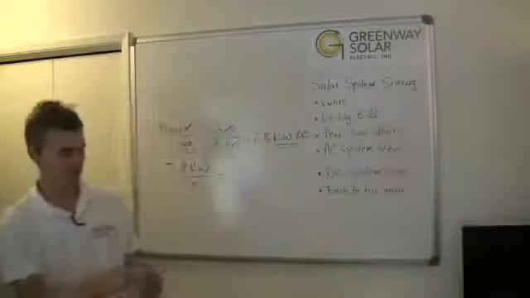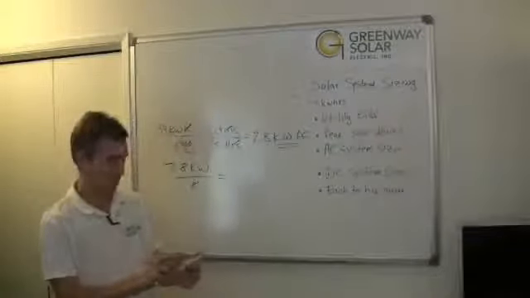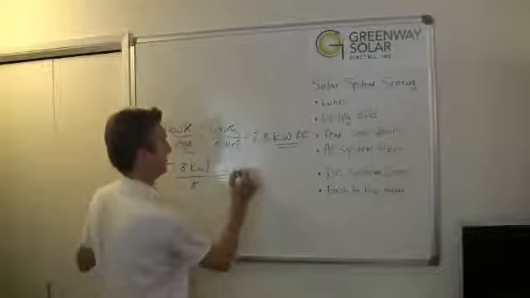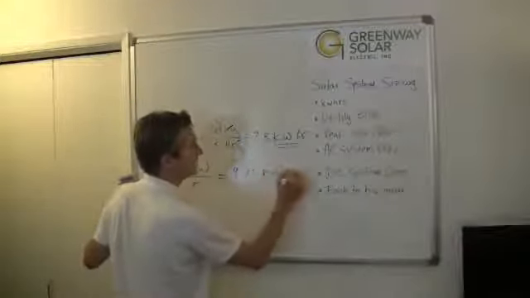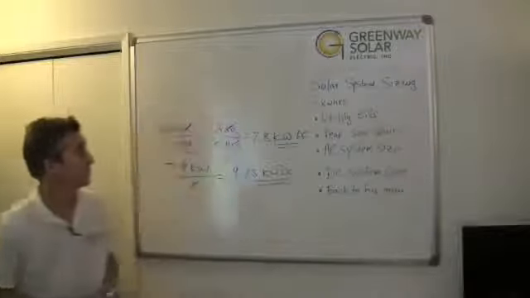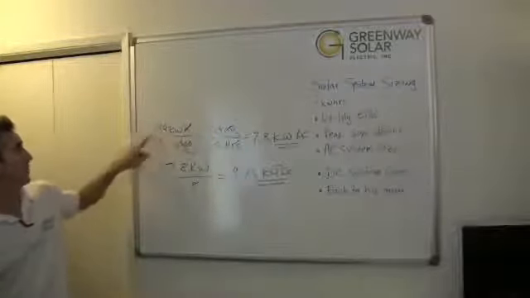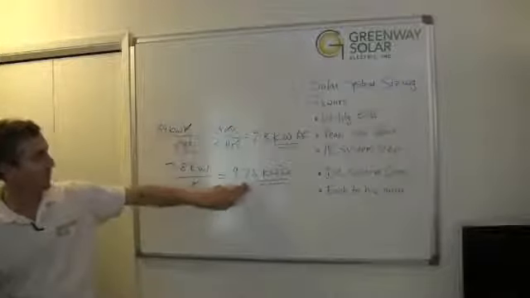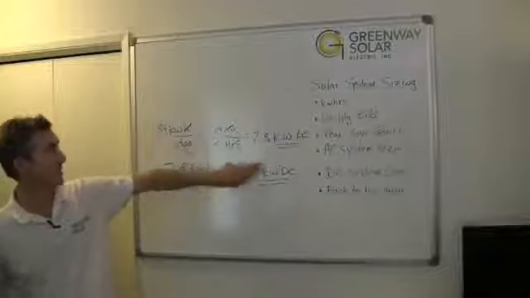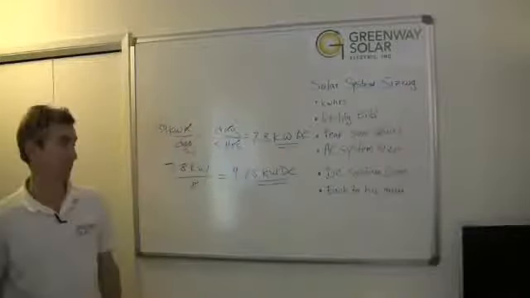So 7.8 divided by 0.8 gives us a 9.75 kilowatt DC system. So, in order to produce 39 kilowatt hours a day, we would actually need a 9.75 kilowatt DC system, which is more or less equivalent to a 7.8 kilowatt AC system, okay?